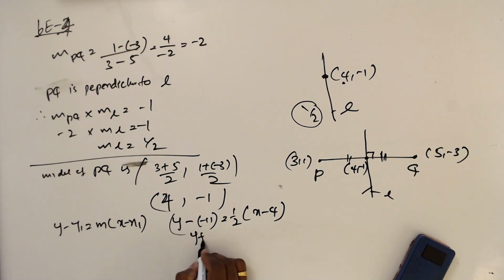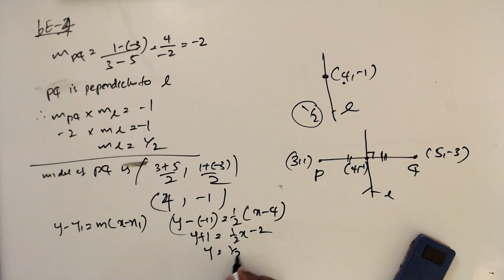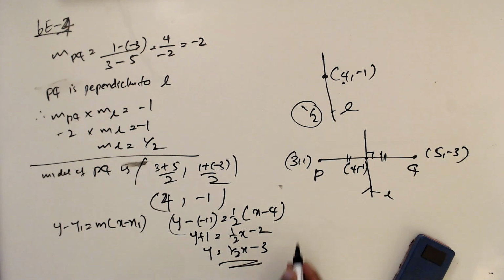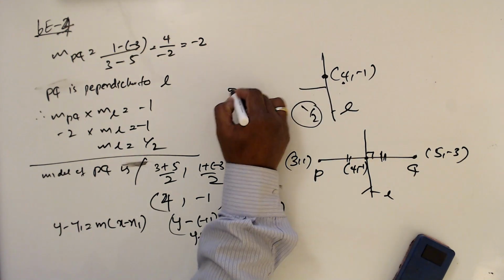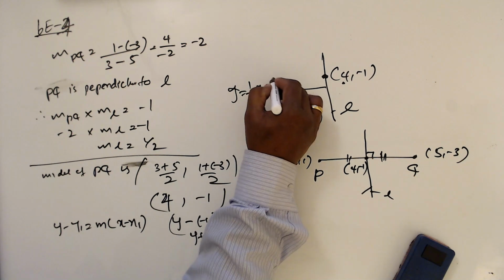So y + 1 = half (x - 4), y + 1 = half x - 2, so y = half x - 3. So the equation of this line is y = half x - 3.